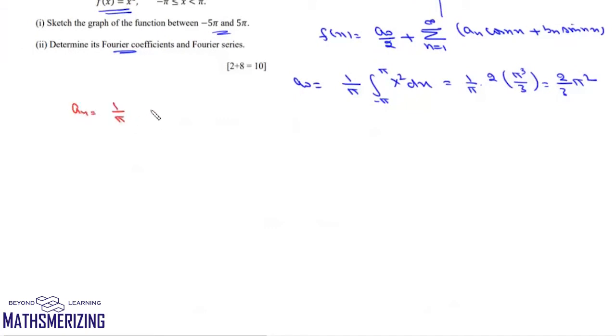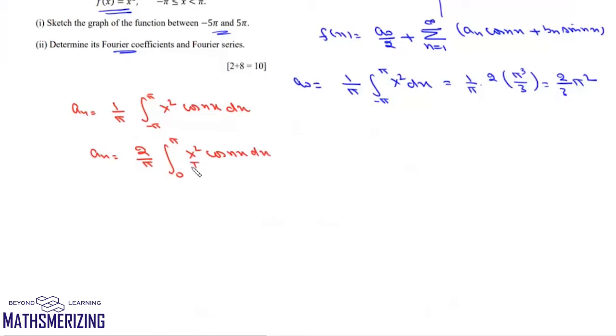1 upon pi and then integral from minus pi to plus pi f(x), which is x square, into cos nx dx. Now since it is an even function, we can write this as an equals 2 upon pi and then from 0 to pi x square cos nx into dx.